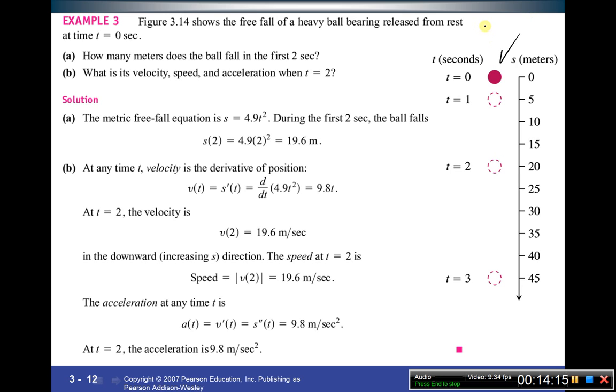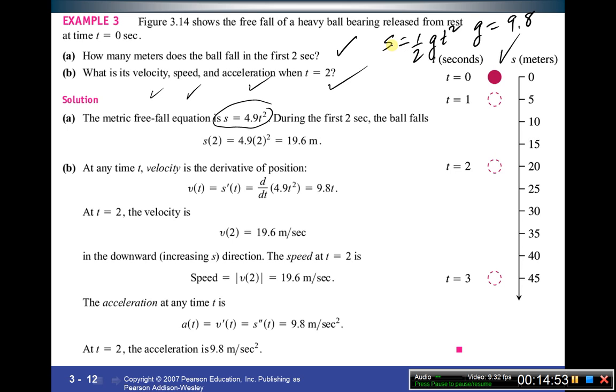And here g is 9.8, and s would be equal to 1/2 gt squared, which would be 4.9 t squared. And so the question is, how many meters does the ball fall in the first 2 seconds? And then to answer the question, what is its velocity, speed, and acceleration when t equals 2 seconds?